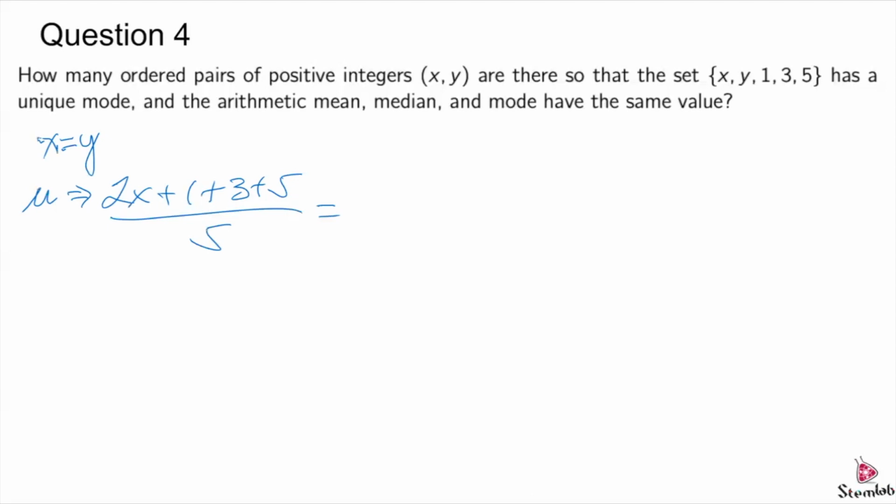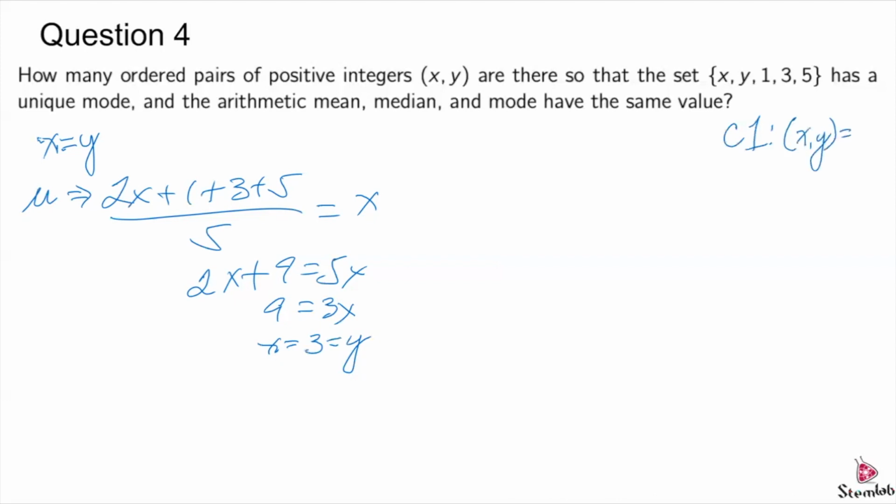The mode that we have is x, so 2x + 9 equals 5x, or 9 equals 3x, so x equals 3, and that's also equal to y. So case 1: (x, y) is just (3, 3). That deals with mode equals 3 as well, so we don't need to deal with mode equals 3 anymore.